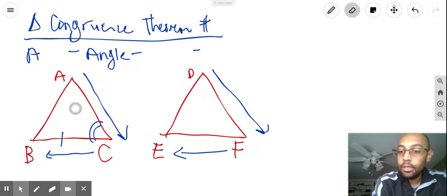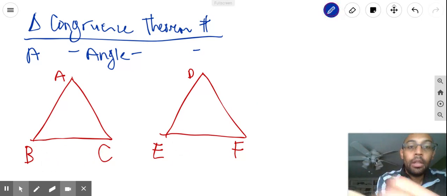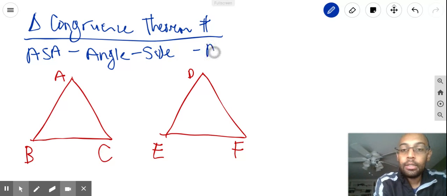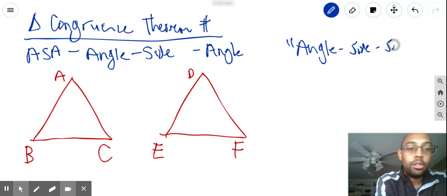We'll erase this. We'll erase the arrows and the arrowheads. Okay, so now this one is called angle side angle. So angle side angle. And this I give the nickname of the angle side sandwich.